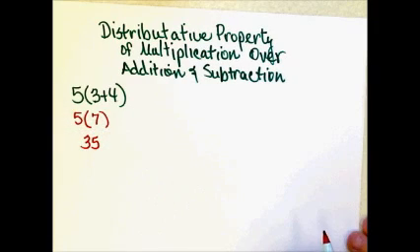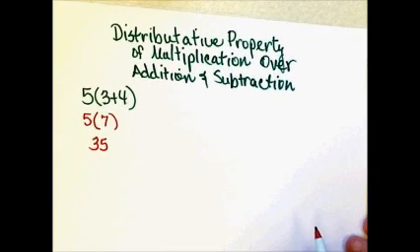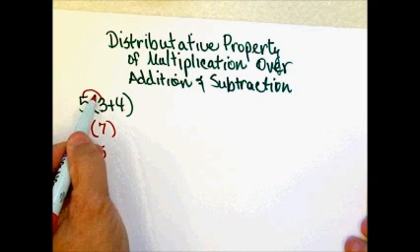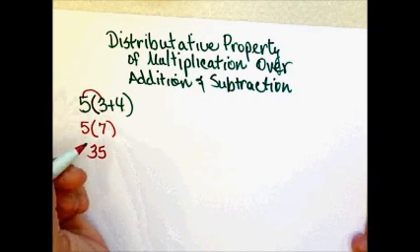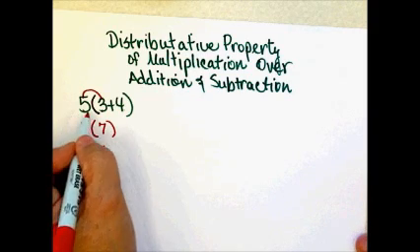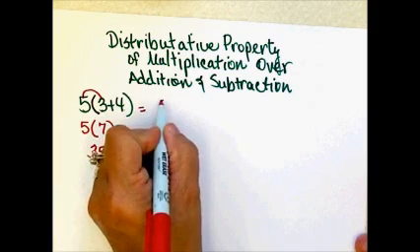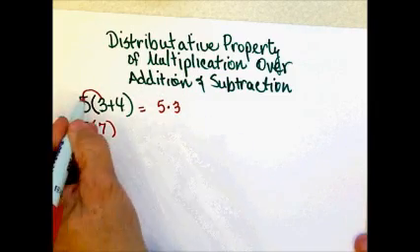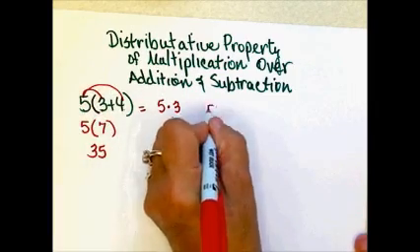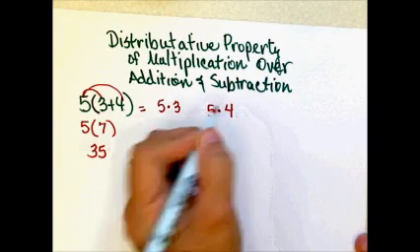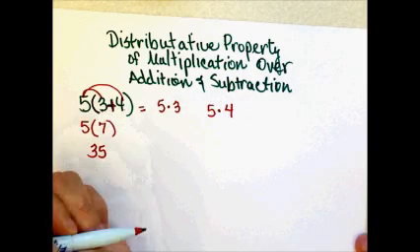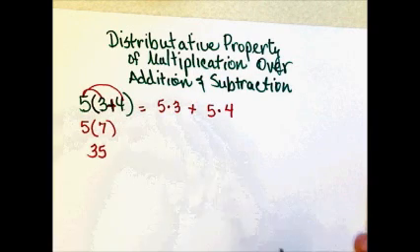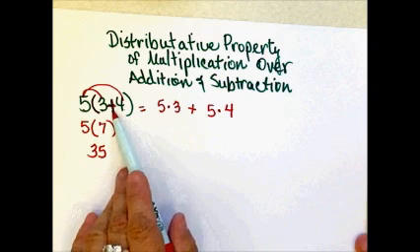Okay? But if I apply the distributive property, I'm going to distribute my 5, and a number and a parenthesis side by side mean multiplication. So that means that I'm going to multiply 5 times 3, and I'm going to multiply 5 times 4. And this plus sign in the middle, or the addition sign, tells me that I'm going to find the sum of those. If that were a subtraction sign, then we would be doing subtraction.